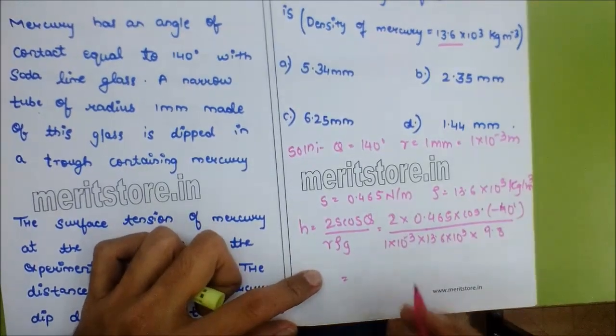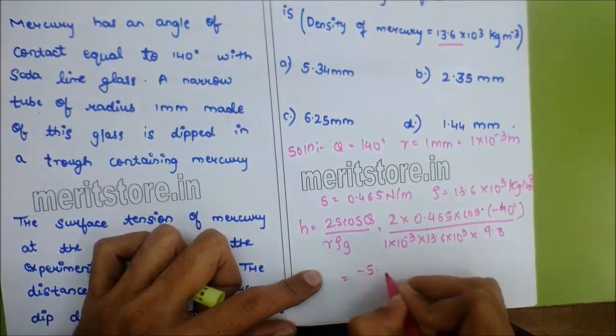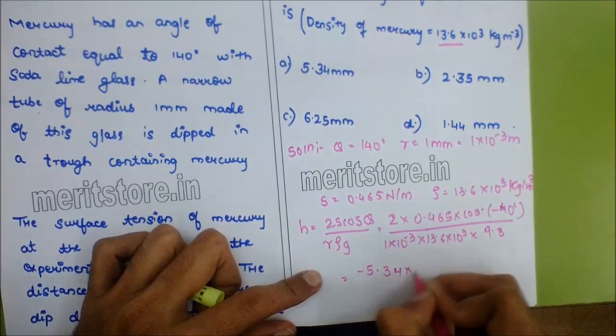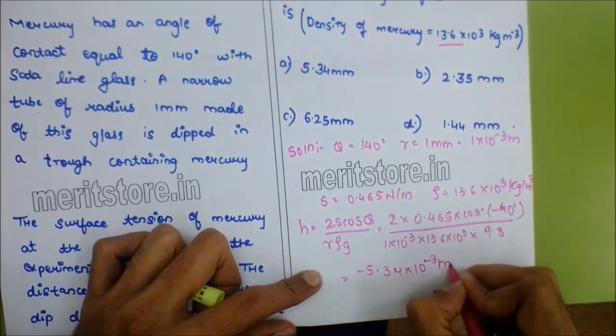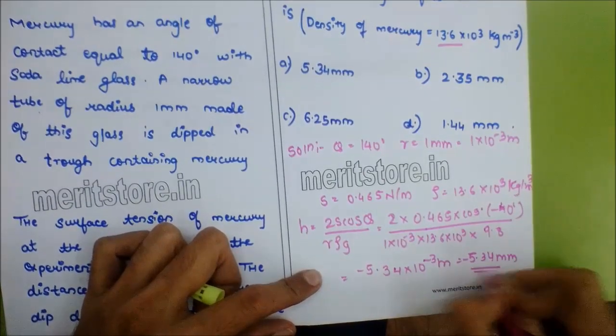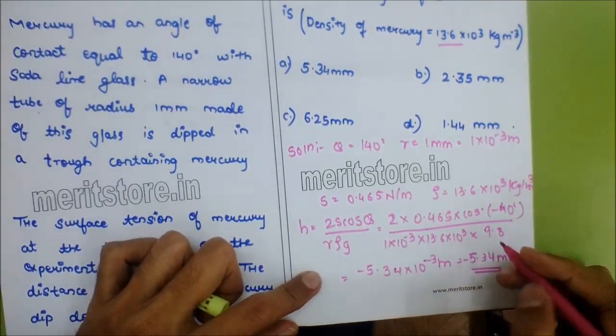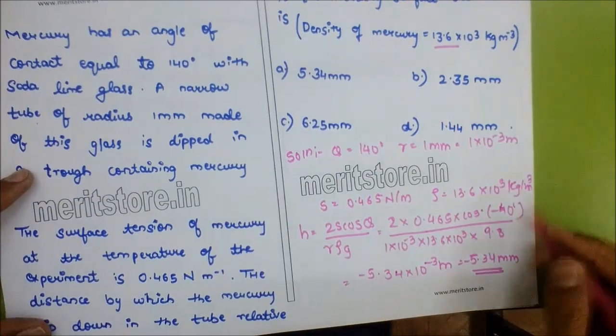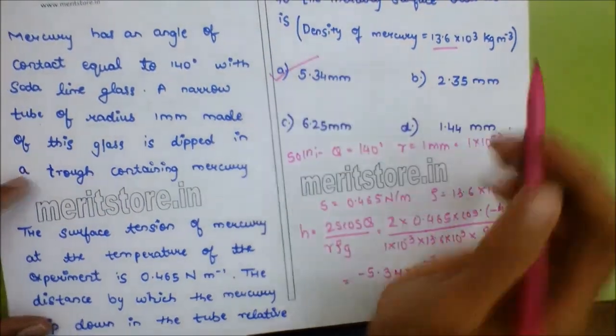Now calculating all the above values, we get minus 5.34 into 10 raised to minus 3 meter, which is minus 5.34 mm. The minus sign indicates that the mercury level is depressed inside, so we have option A, 5.34 mm.